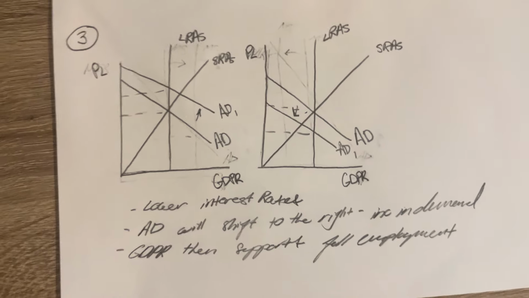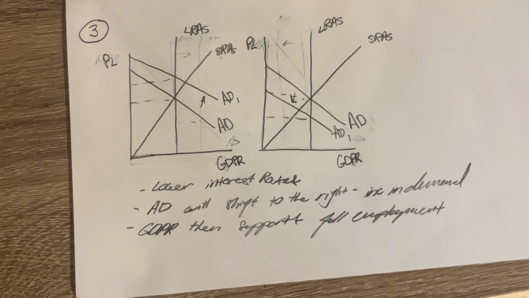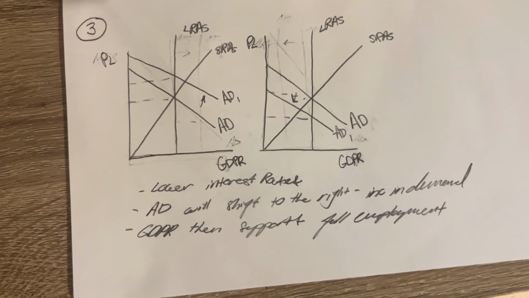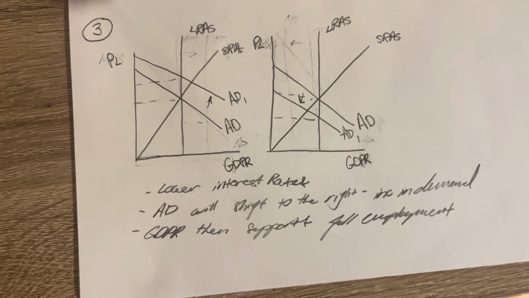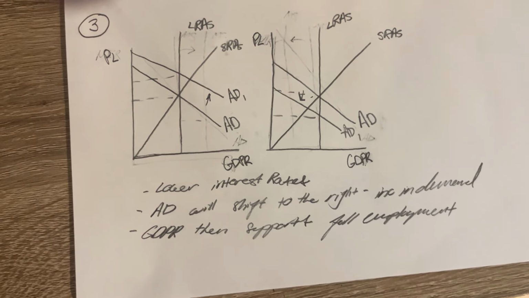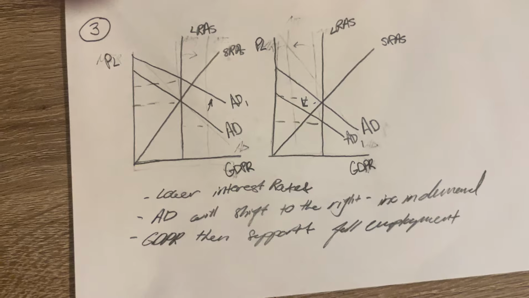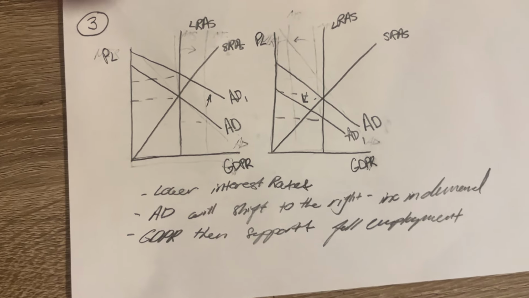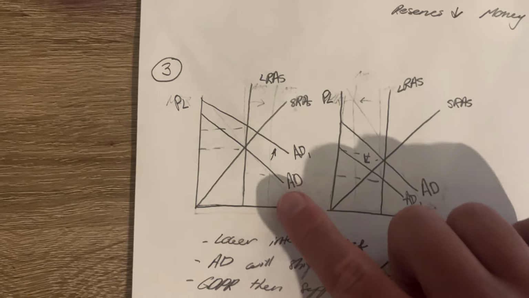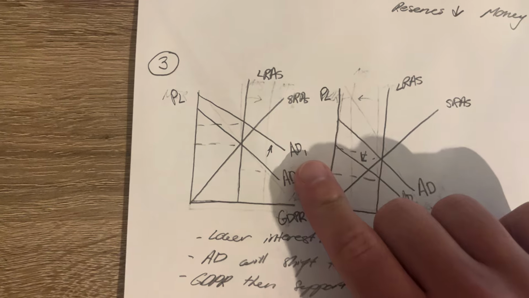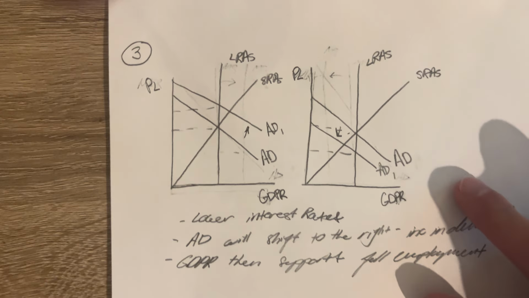So now we're going to talk about some graphs down low and how aggregate demand will be influenced by a recessionary output gap and an inflationary output gap. So here we have AD moving up and then AD going down.